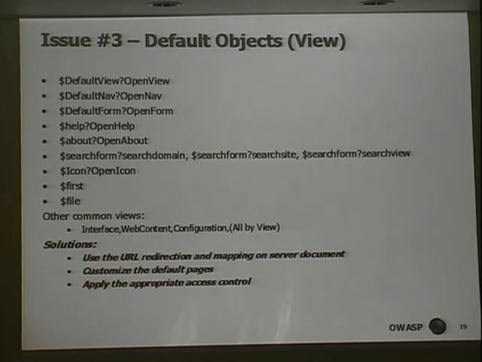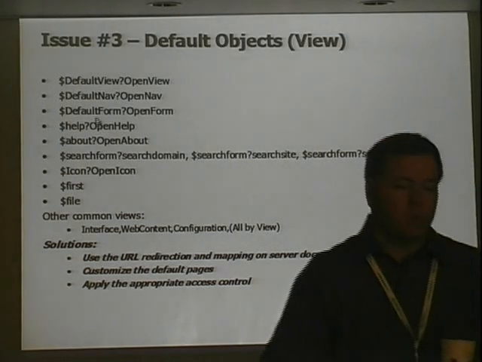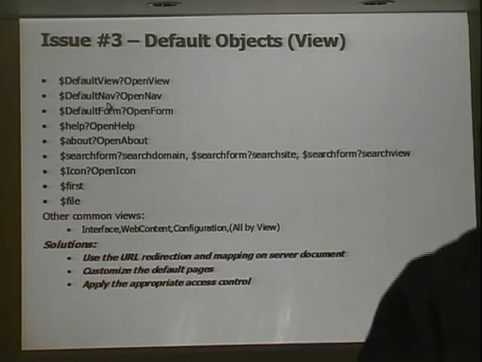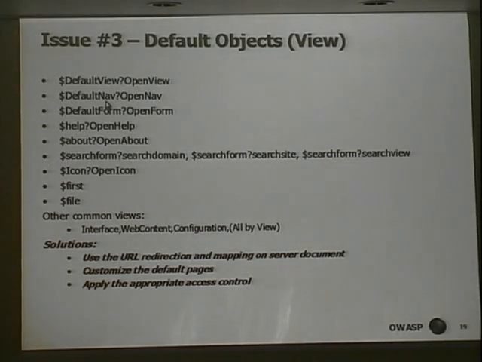So it's similar to a directory indexing attack if you don't have a customized default view. And default navigation is similar to default view, but you're only able to see a list of visible views, not hidden views.